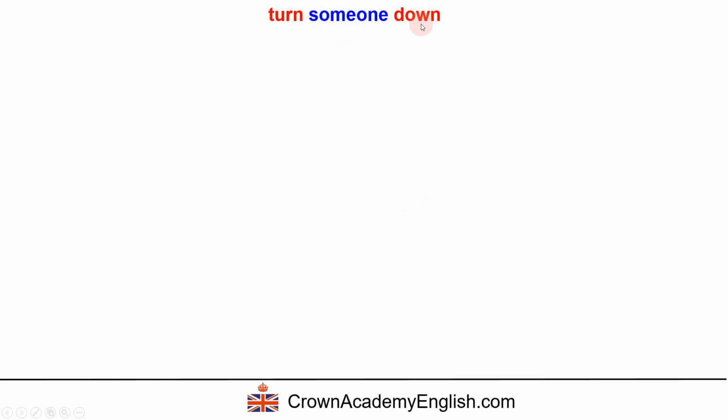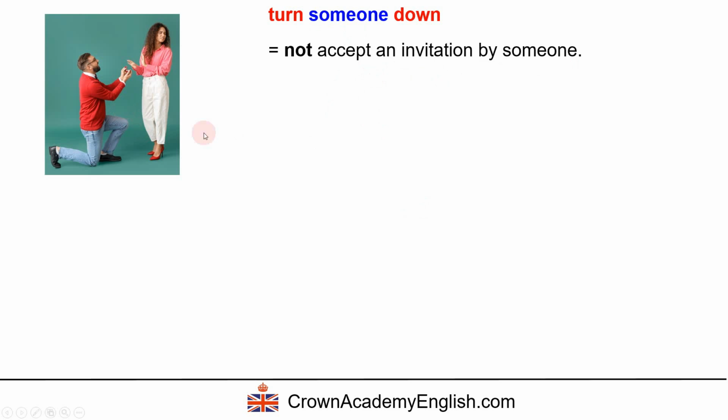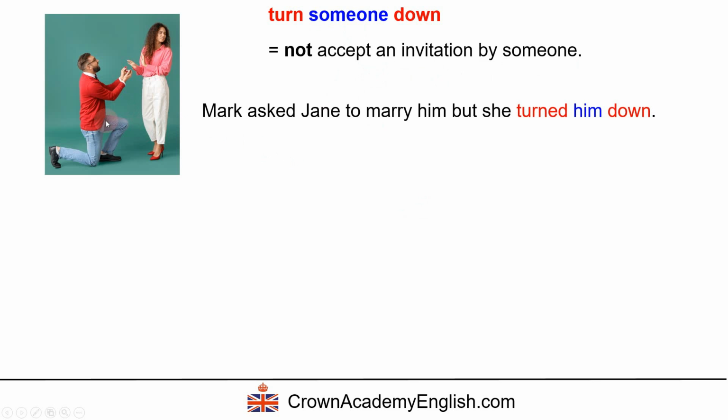Turn someone down. And this means to not accept an invitation by someone. And a common example is if you ask someone on a date or even asking someone to marry you. So here, Mark is asking Jane to marry him.